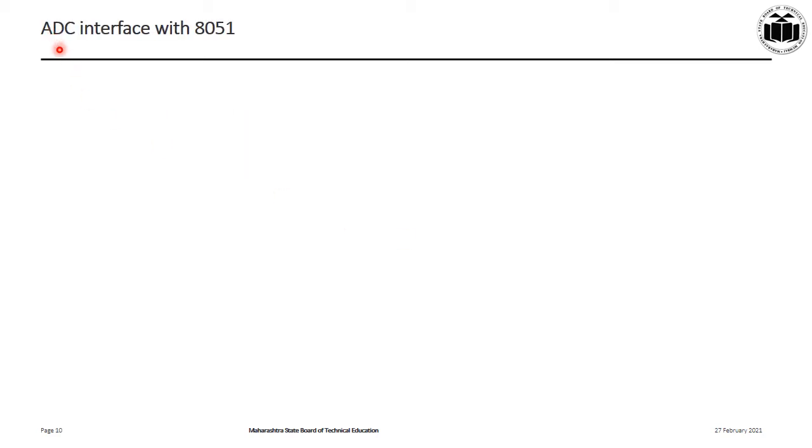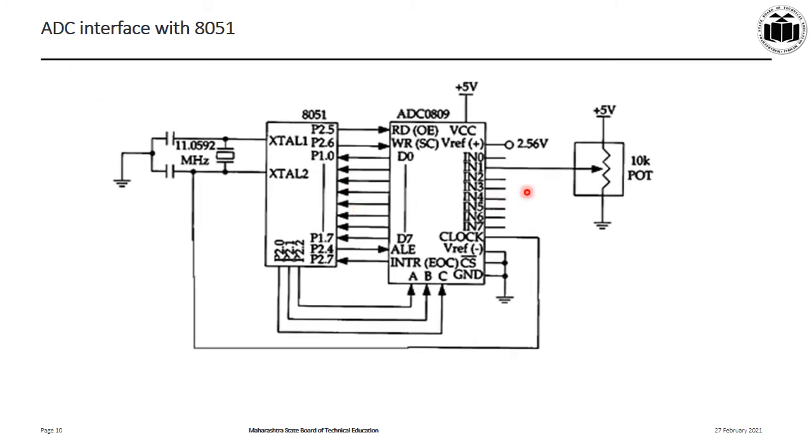Let us sketch the ADC interface with 8051. Analog input is connected on channel 1. The outputs D0 to D7 of ADC are connected to port 1 of 8051 microcontroller. The select lines ABC are connected to port 2.0, 2.1 and 2.2 respectively to select the channel.